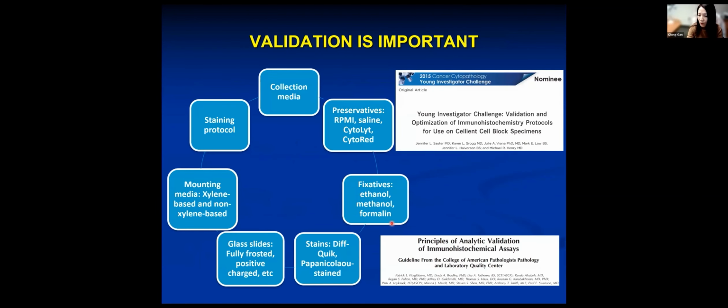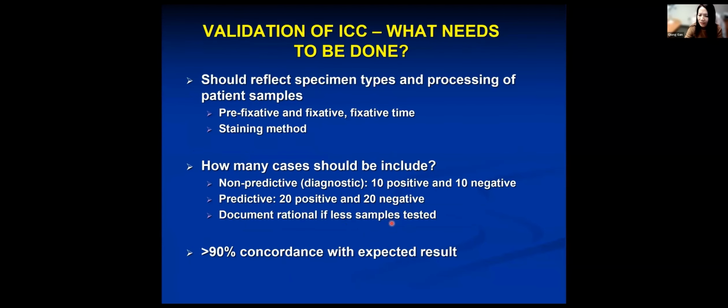Because of the numerous variables inherent in cytology specimens, comprehensive validation becomes very essential for factors that are present in this process. These factors include, for example, collection media, preservatives, fixatives, staining methods, glass slides, and it goes on and on. So validation should be carried out under realistic use or within a simulated use environment.